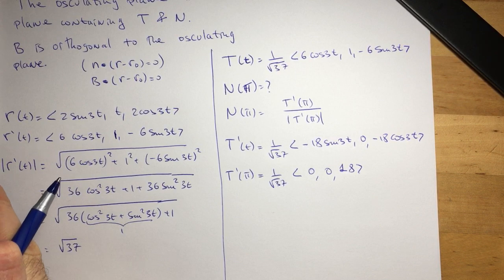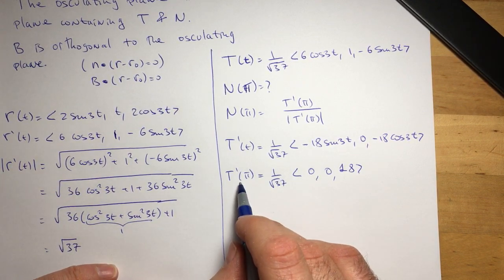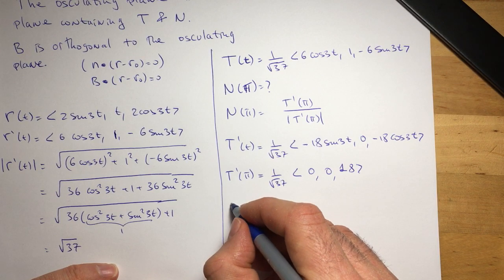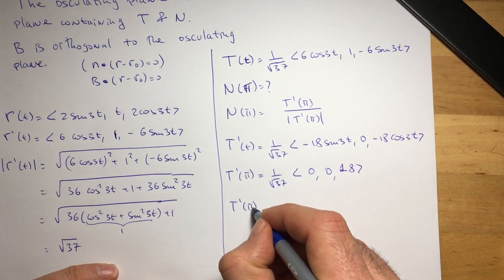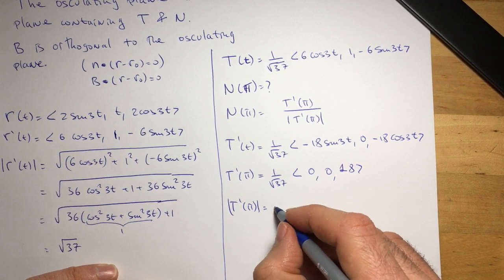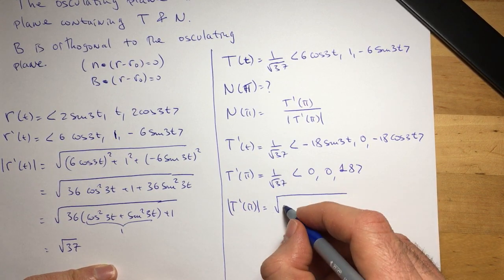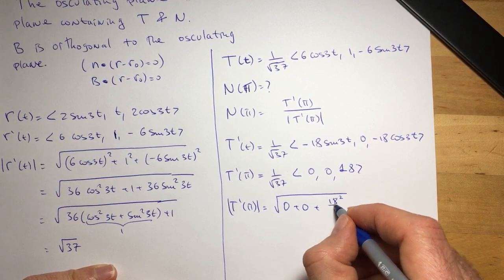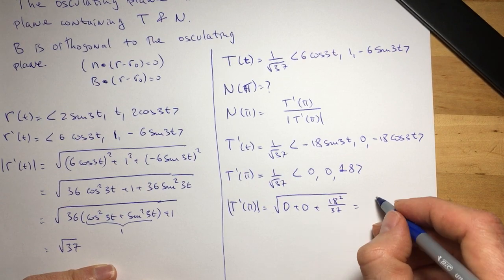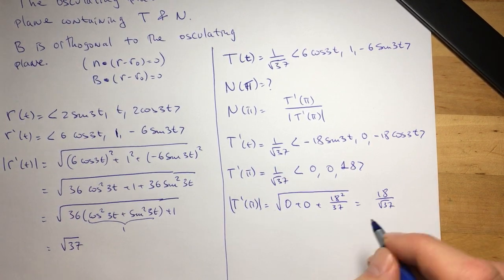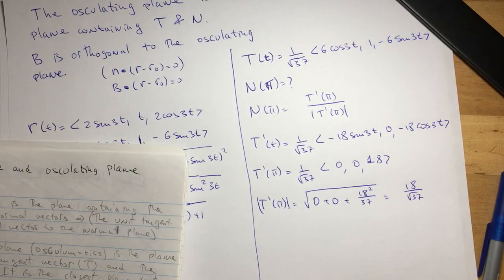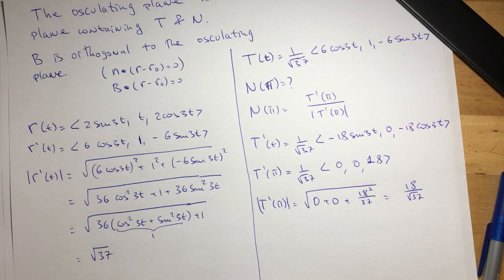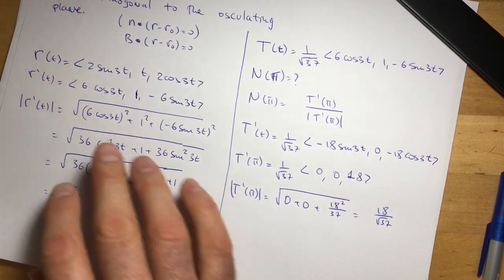Okay, and now let's find the magnitude of this. It is equal to the square root of 0 squared plus 0 squared plus 18 squared over 37, which is 18 over square root of 37. I didn't make any mistake.